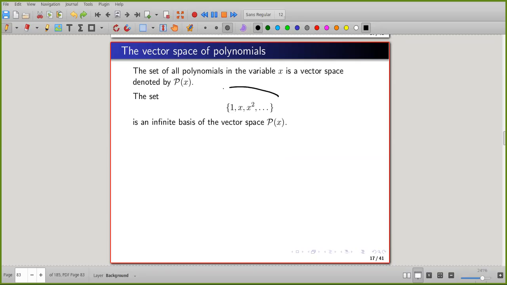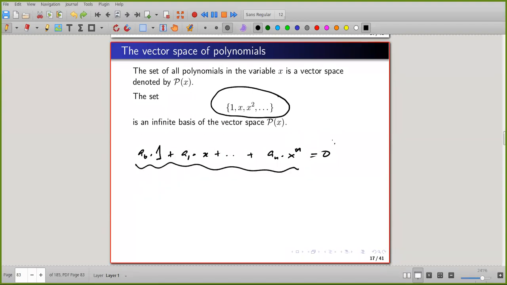All these are linearly independent, because we cannot have any relationship of the type a0 into 1 plus a1 into x plus dot dot dot plus an into x^n equal to 0. This polynomial is never going to be equal to the 0 polynomial, so obviously these are linearly independent.